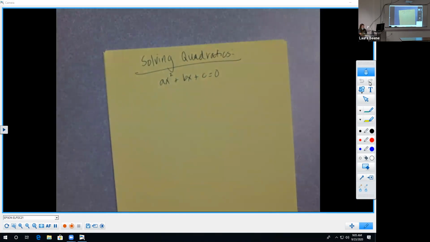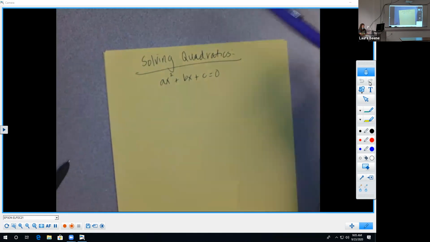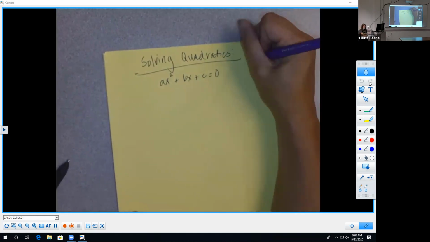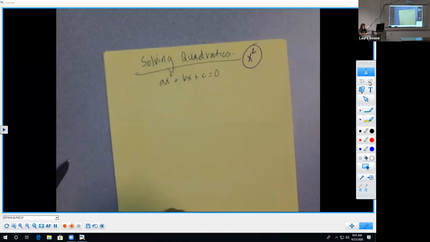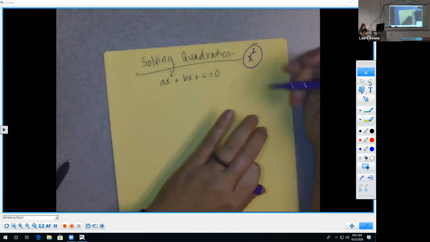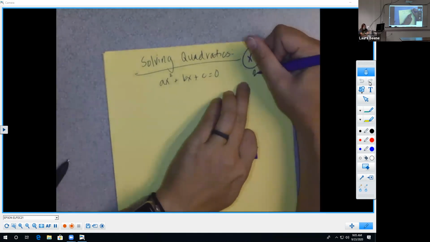But the big deal is quadratics have to have an x squared. If it doesn't have the highest degree to be x squared, then it is not a quadratic, okay? So how many answers does a quadratic have? Every time it has 2 answers, no matter what. If you only found 1 answer, you missed half your problem. So there's always 2 answers here.